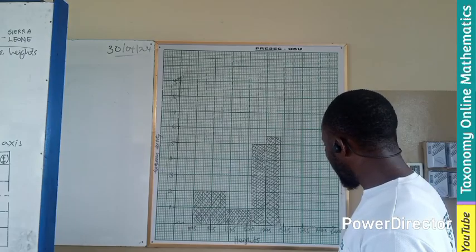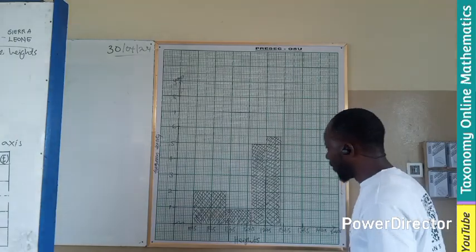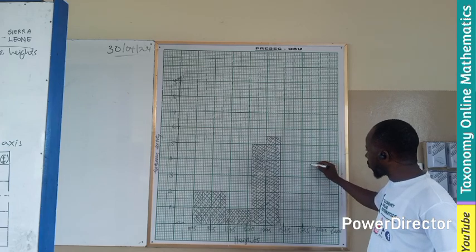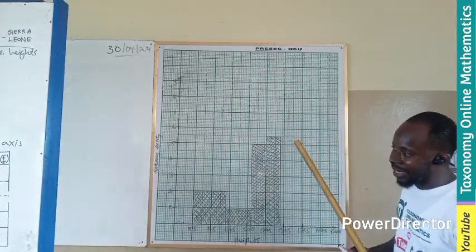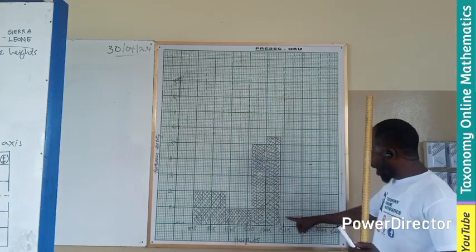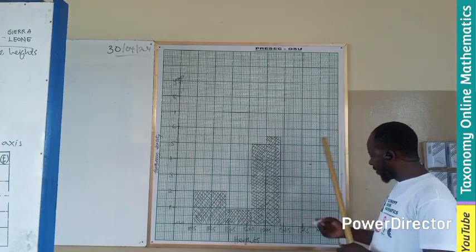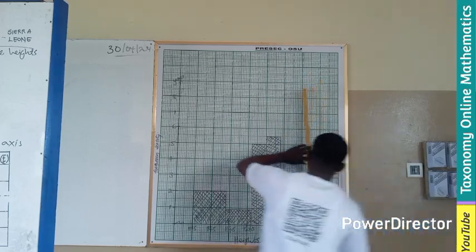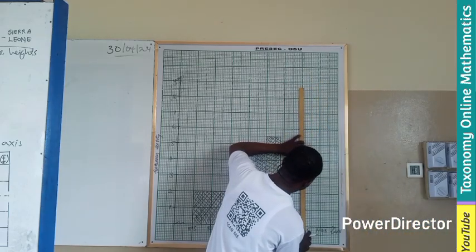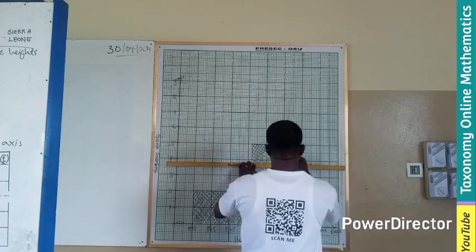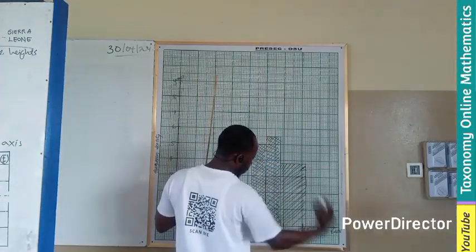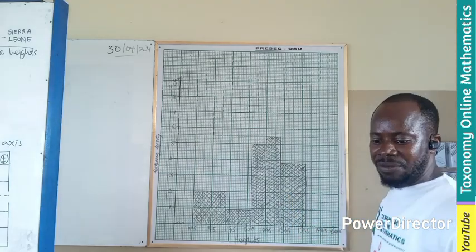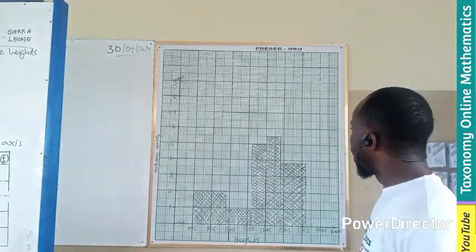So let's go for 3.9, which is going to be 3 is here, 0.9 will be somewhere here, but let's add 7. We are adding 1 to this, making 6, add 1 to this. So the line should be somewhere here. Good. So this is what the graph is going to look like.